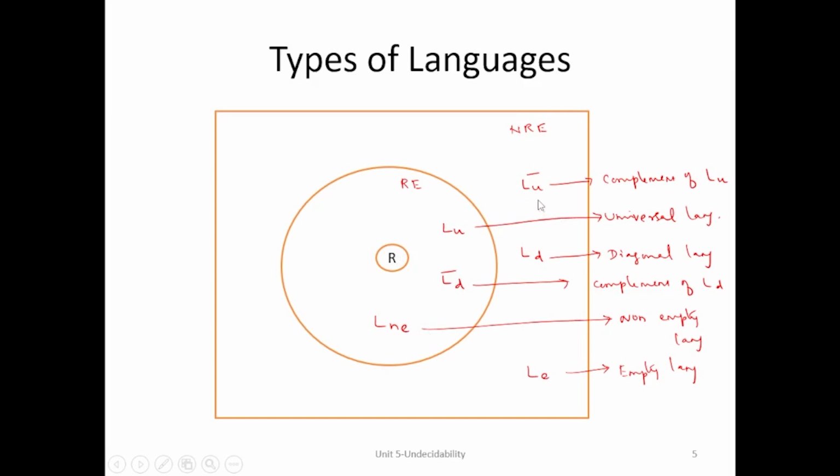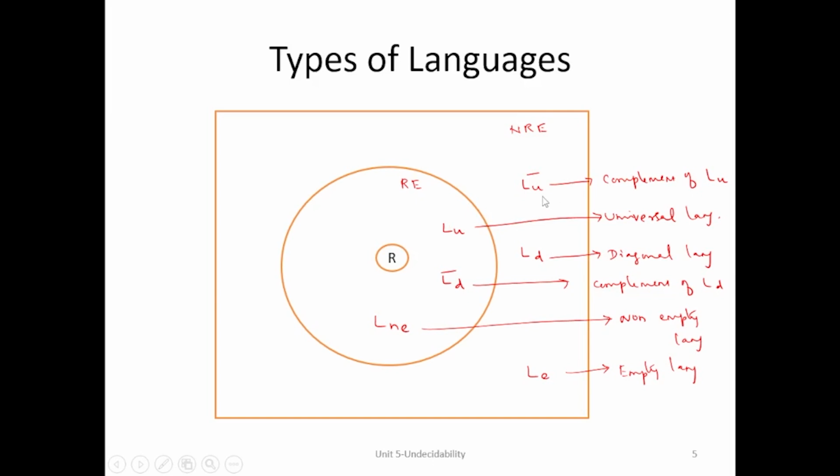U means universal language, D means diagonal language, E means empty language, and NE means non-empty language. Here LD bar is the complement of the diagonal language, and LU bar is the complement of the universal language. These are the different languages relevant to decidable, partially decidable and unsolvable problems.